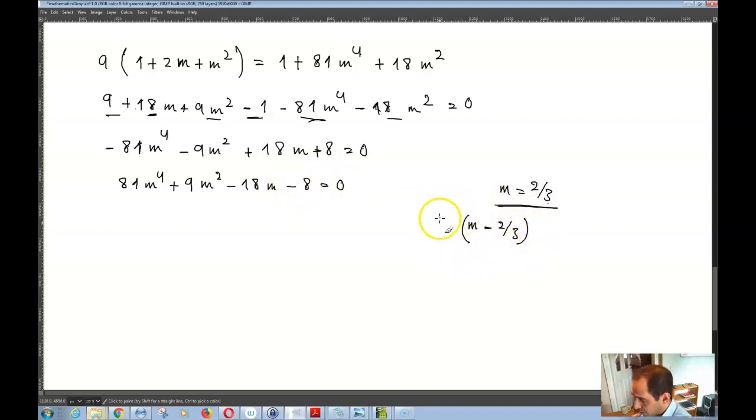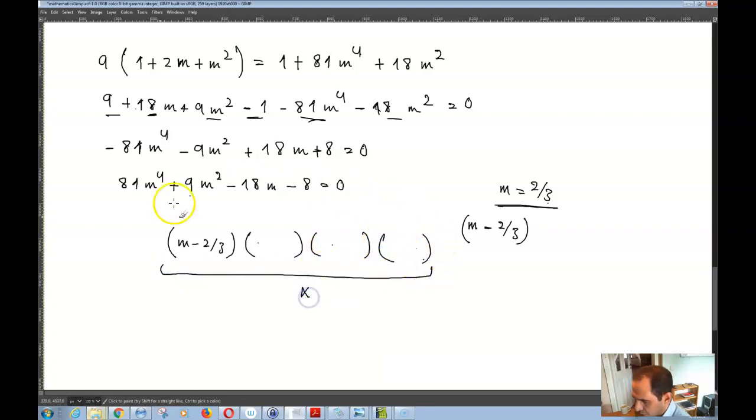What it means to be a factor of the polynomial is that, for example, you have this factor over here, m minus 2/3, and this is a 1st degree factor because the degree of m is here 1, and I have one more factor over here like that, one more factor over here like that, and one more factor over here like that. All of them multiplied together gives me a 4th degree polynomial. So this is a 1st degree factor of this polynomial. And when we factorize a polynomial, all that we do is we get these factors to get to the zeros.